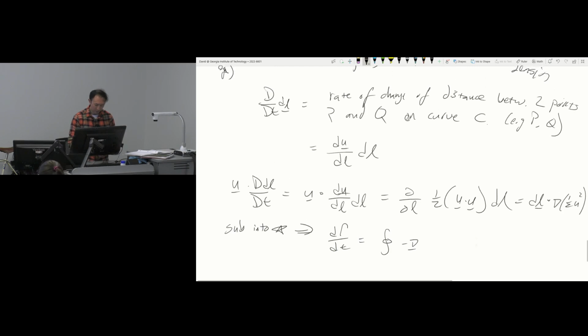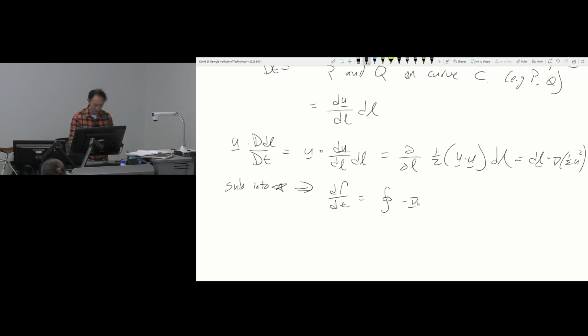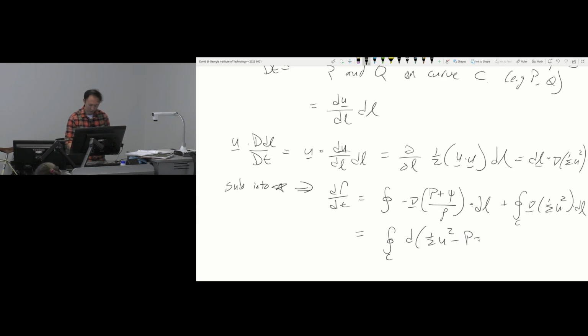the first part, the du dt, I'm going to use the Euler equation, which I wrote above. So I got this dot dl, and this one is 1/2 U squared dot dl. This is how much the following quantity is changing, minus p plus sigma over rho.